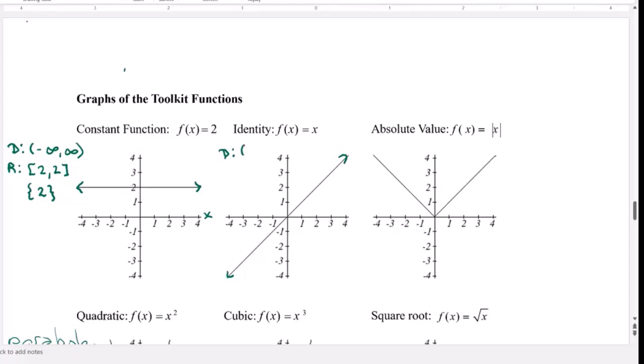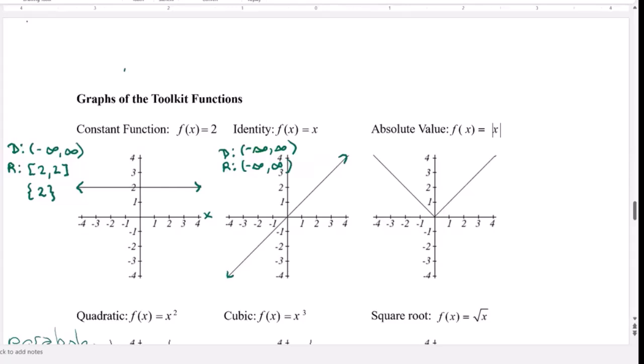So again, this is from negative infinity to positive infinity. But my range is going to be different than it was last time because it's going to keep going down into negative infinity, and it's going to continue up to positive infinity. So my range here is also going to be from negative infinity to positive infinity.